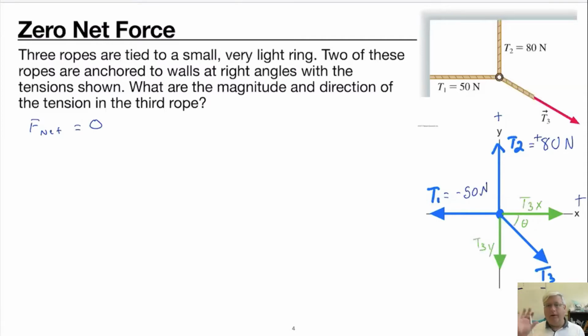Now, for T1, since it's all in the x direction, we could say it's actually T1x, because it's all in the x direction. Whereas T1y, there's no component in the y direction, so that would be 0. But we don't really have to write that down. And then T2, that's technically T2y. It only has a y component.